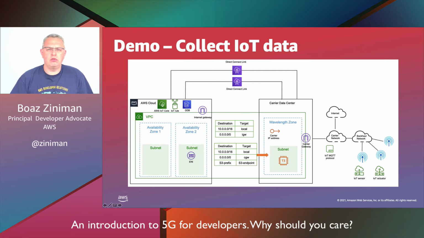In this case, we're going to install an EC2 server with an MQTT client, an MQTT agent, that will allow us to receive and send data using MQTT from the devices and to the region to store it and process it. In this case, we are going to use AWS IoT Core, and we're going to access this service directly from the wavelength zone. So let's move to the demo.